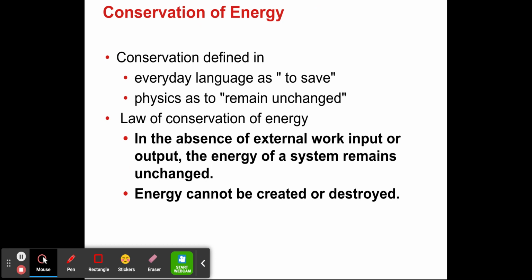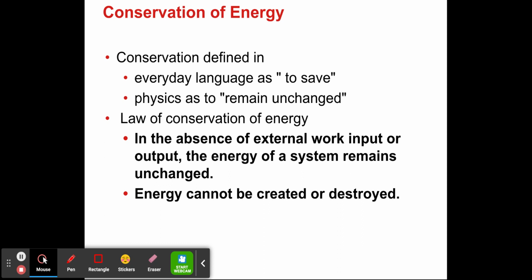Now, coming back to the conservation of energy. People might say conserving energy means to save energy. Like Edison, the energy company, usually during summer they say try to minimize the amount of energy that you use in order to save energy.